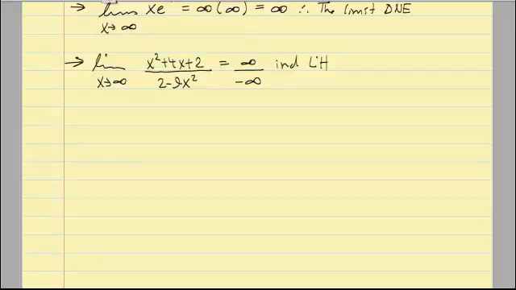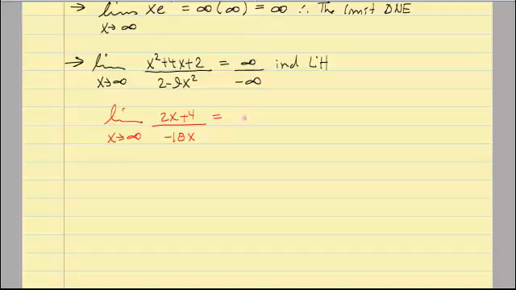Remember, for L'Hopital's rule to work, this next limit must exist. You can take many iterations of L'Hopital's rule as long as the limits keep going to an indeterminate form step after step. The derivative of x squared plus 4x plus 2 is 2x plus 4. The derivative of 2 minus 9x squared is negative 18x.